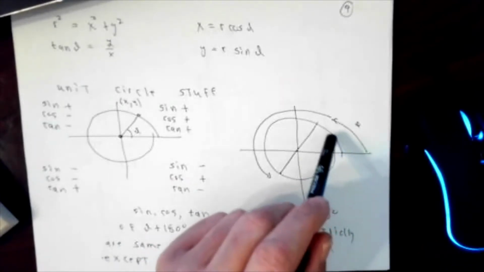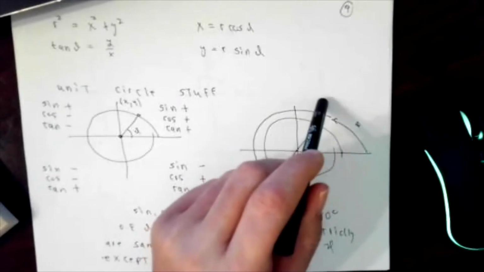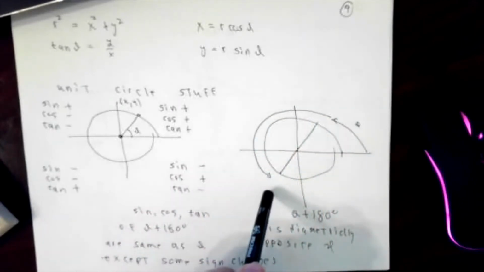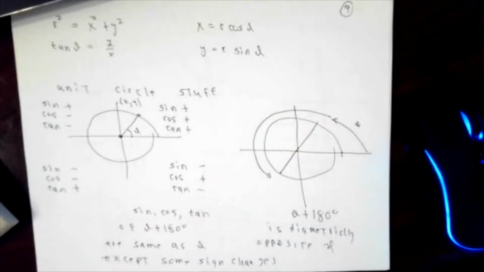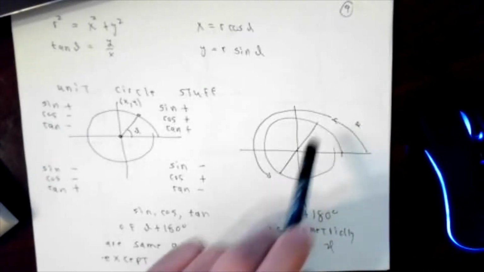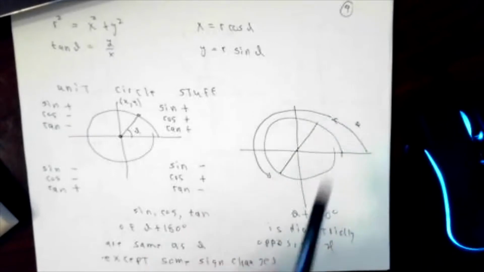If you measure an angle and then you add 180 degrees to it, you've gone half of 360 degrees beyond the angle you started with. So you've gone exactly 1/2 of a circle beyond where you started at. The coordinates of these points are related to each other.